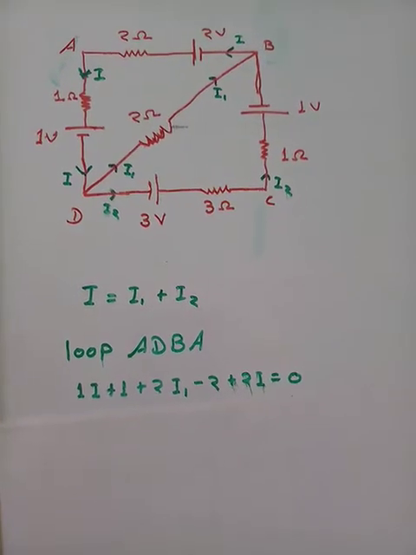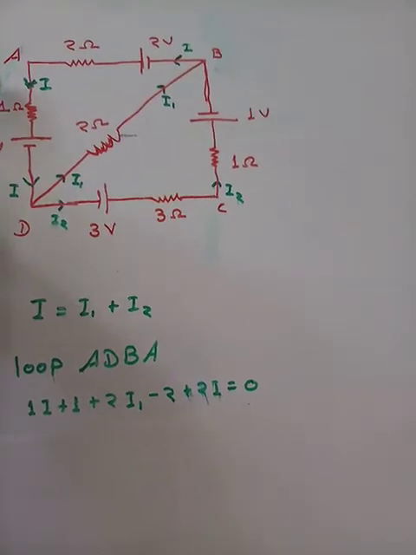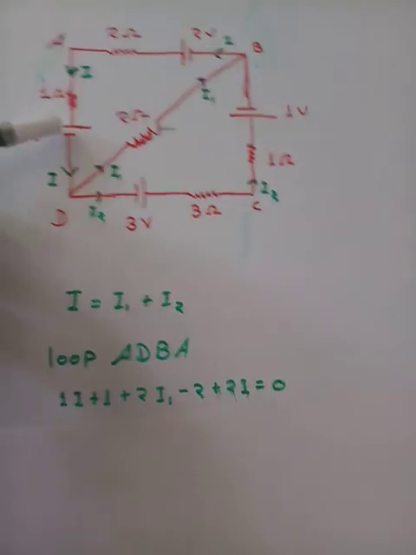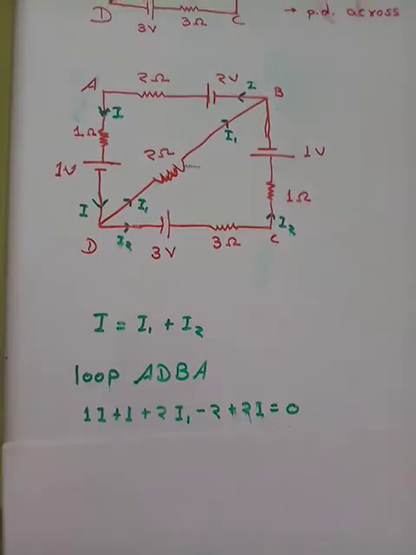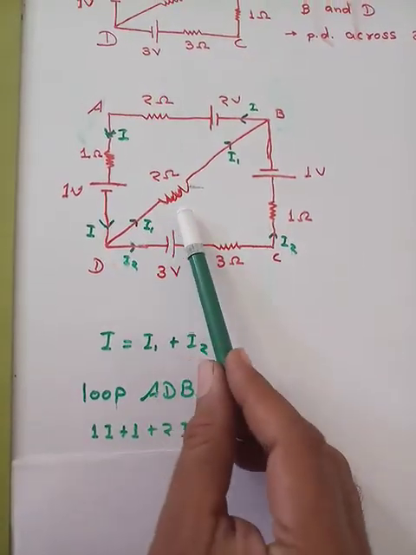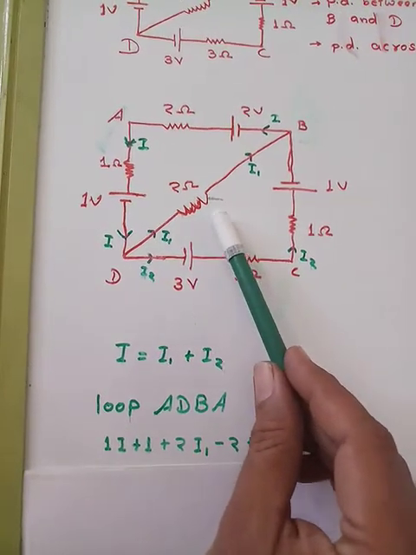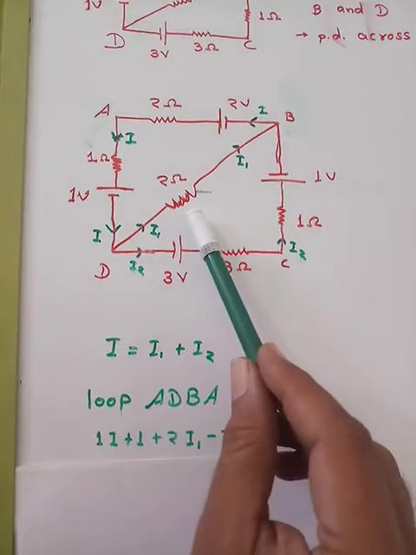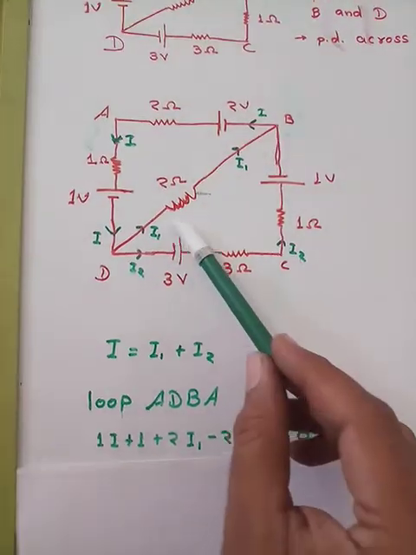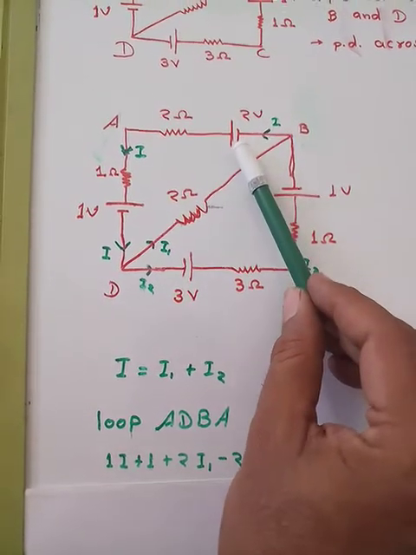1 into I1 plus, see from here, it is 1 into I. Then because I am touching the positive terminal of this cell, I have to write it as plus 1. Then I have to go through this 2 ohm resistance, again along the direction of current. So this will be plus 2I1, then going to B, and then from B touching the negative terminal of the 2 volt cell.